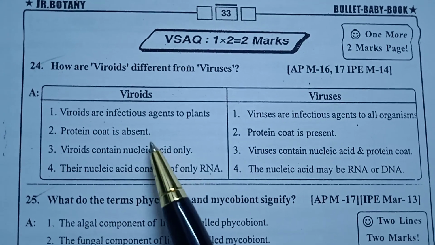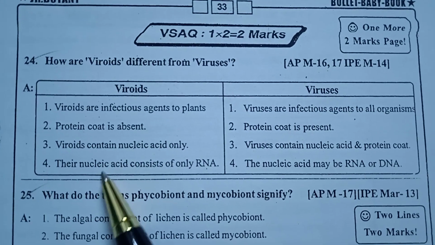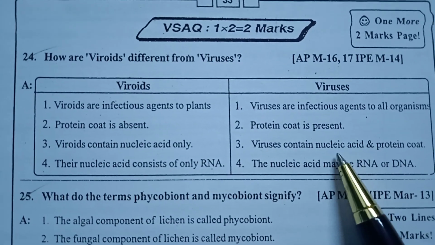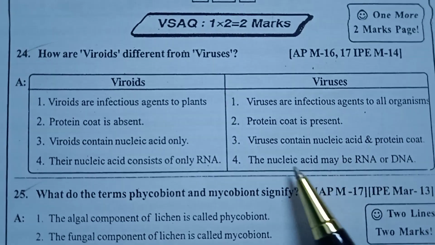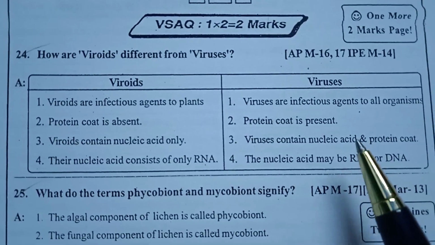In viroids, the nucleic acid contains only RNA. In viruses, the nucleic acid has both RNA and DNA present.